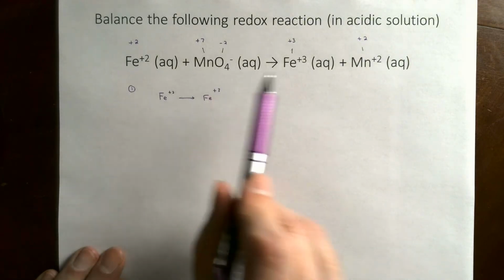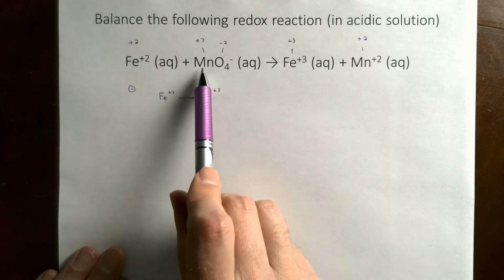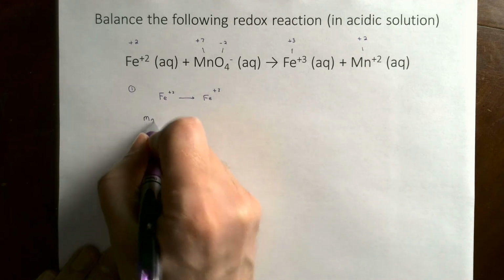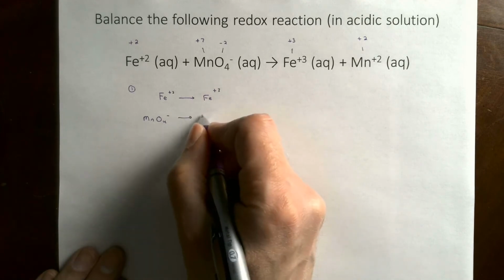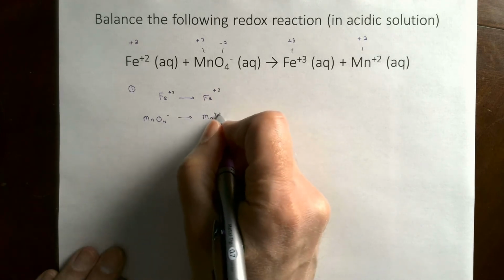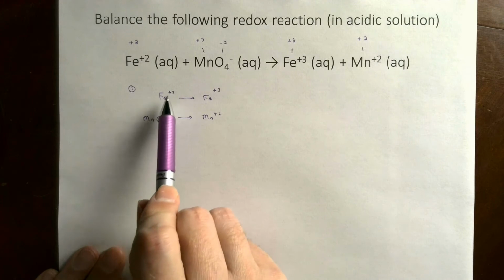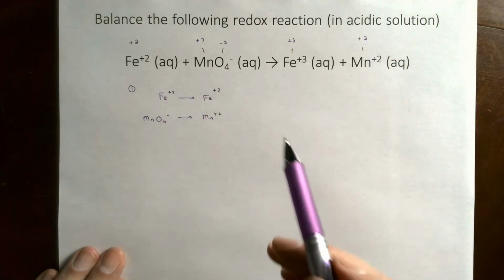So we can't do anything with oxygen. It must not be oxidized or reduced here. But manganese is plus 7, and here it's plus 2, so it changes. So we have permanganate ion to Mn plus 2. And now I'm going to decide whether those are oxidation or reduction. So plus 2 to plus 3 means the oxidation number is increasing.